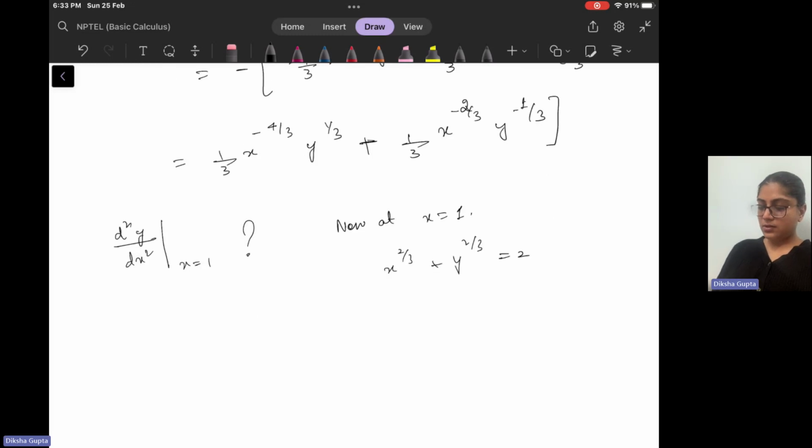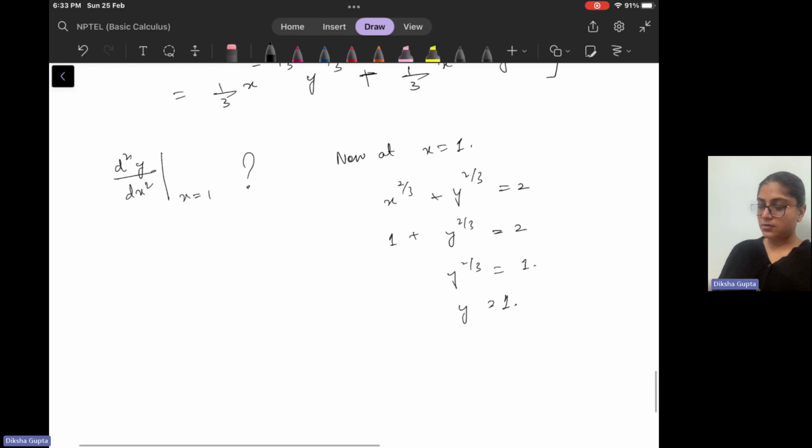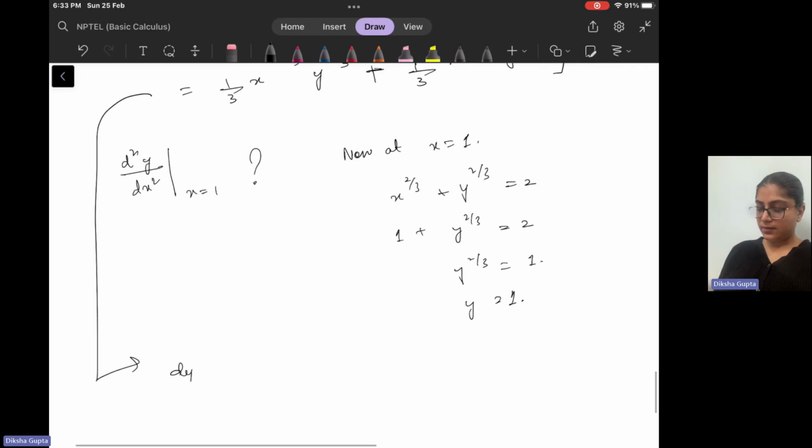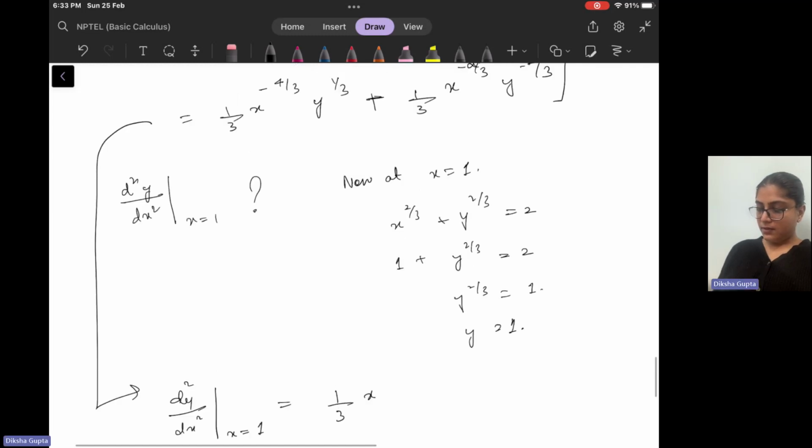So when you put x equals 1, 1 plus y^(2/3) equals 2, y^(2/3) equals 1, y equals 1. So at x equals 1, y is also equal to 1. So by this we get d square y by dx square at the point x equals 1 is 1 by 3.